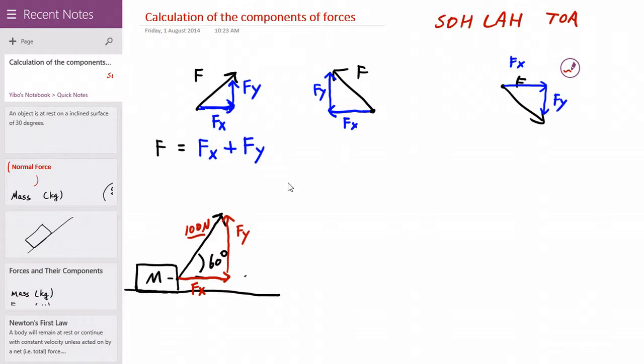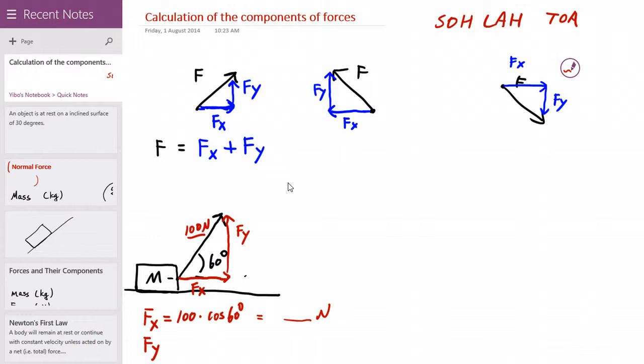For the horizontal forces, the horizontal component is always equal to the original force times cosine of the angle. Type it in your calculator, you'll find the amount of horizontal force. Remember, the unit is newtons.